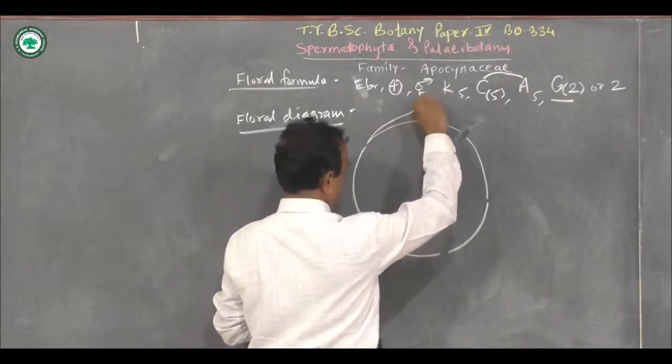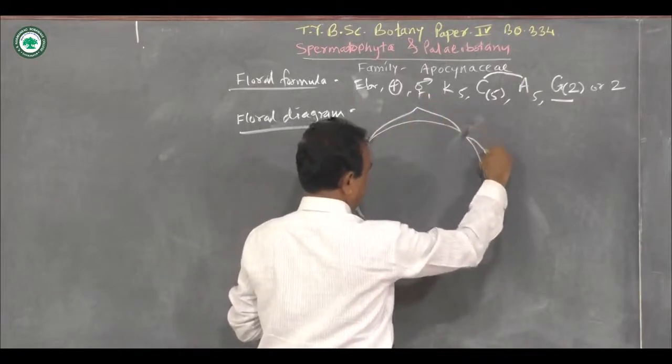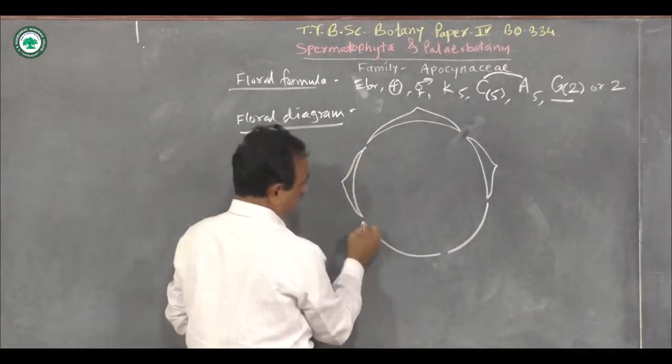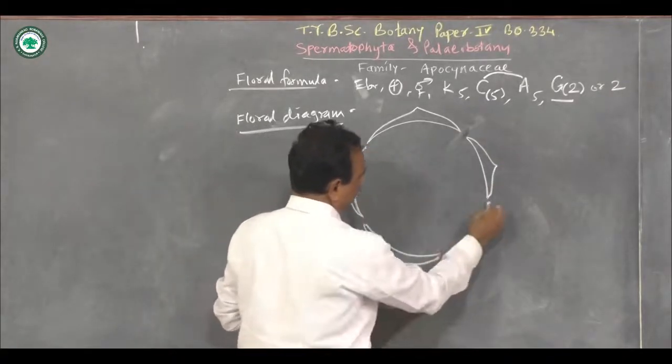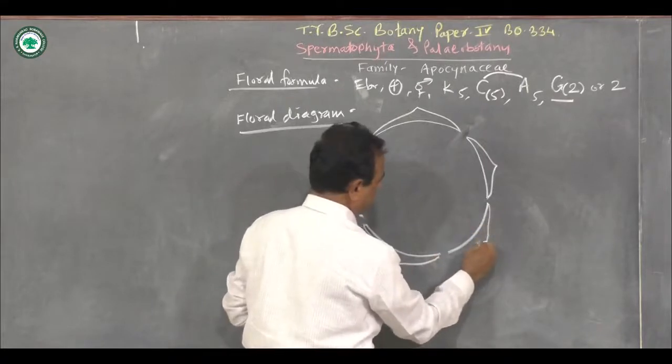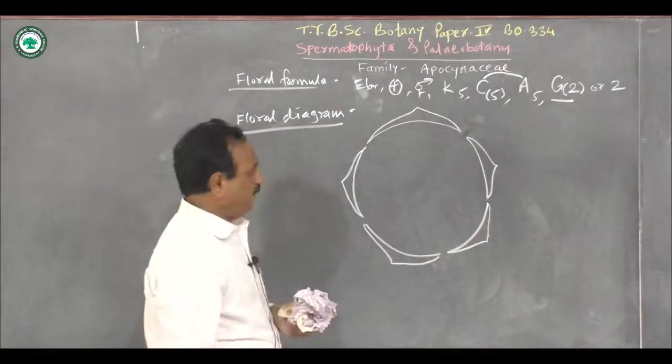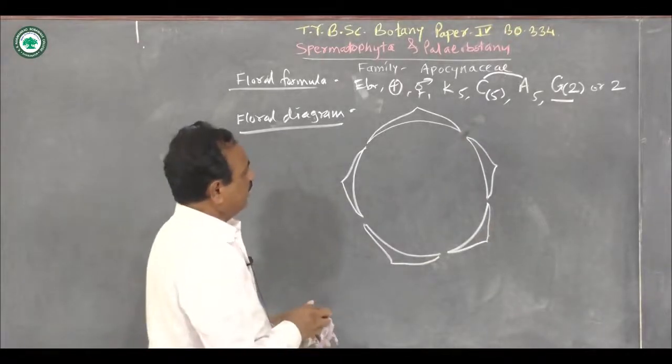So this is one sepal, this is another sepal, this is the third sepal, this is the fourth sepal, this is the fifth sepal. And these sepals are free, present in valvate type of estivation.